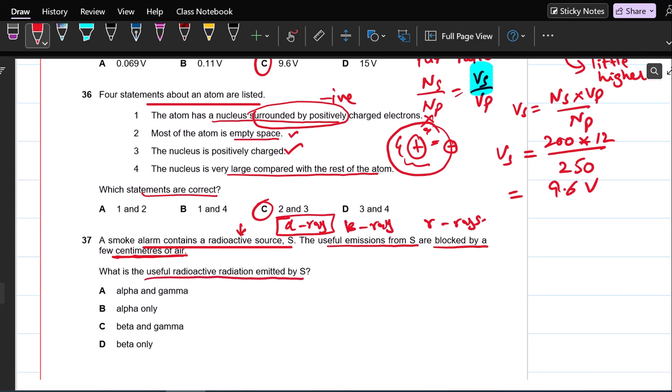It will be alpha only, because alpha has a very high ionizing ability, but its penetrating power is low, so it can be stopped by a thin sheet of paper as well.